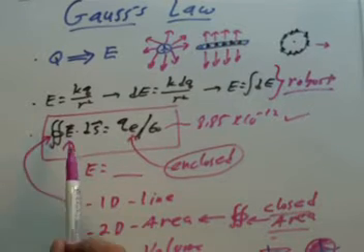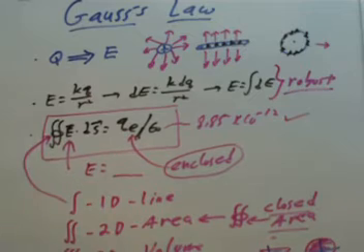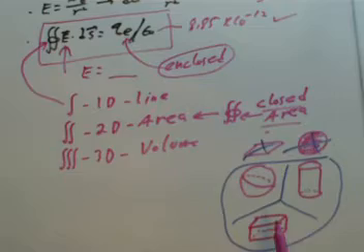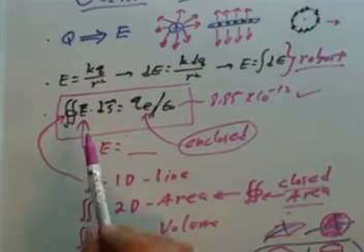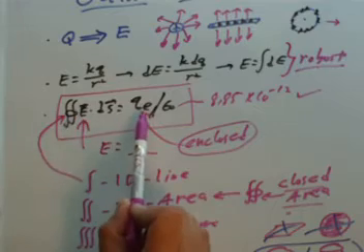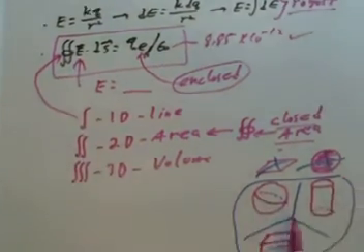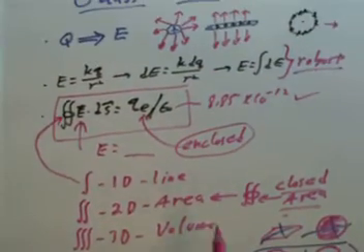It says, hey, if you can provide me with a surface that's closed, that's what that ring means right there, so a sphere, a cylinder, or a box like that, that's closed. And furthermore, if that closed figure encloses some charge, that's the key thing about Gauss's law. If you can get an enclosed shape that encloses some charge, then Gauss's law can work for you.